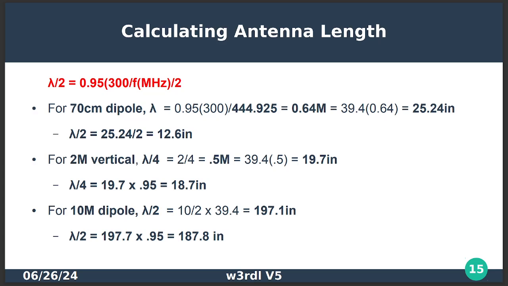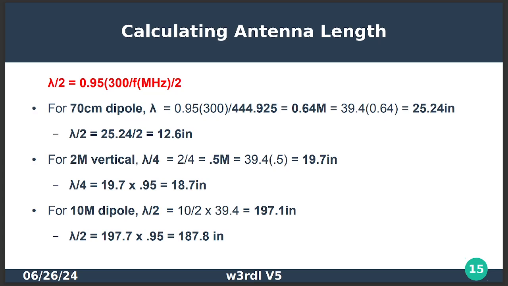For 2 meters, this is a 2 meter Yagi right here. This element is the driven element, and it should be roughly 38 or 39 inches from end to end. Each side is a quarter wavelength, so about 19 inches or so.